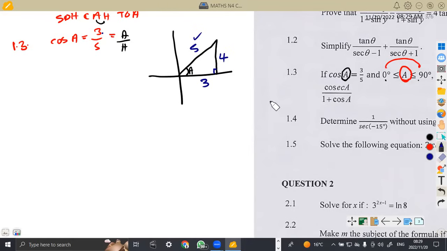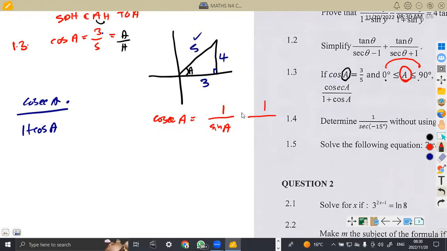Okay, so let's simplify. We have cosec of A over 1 plus cos of A. What is this cosec of A? We said cosec means 1 over sine. So we need 1 over sine of A. From SOHCAHTOA, sine is opposite over hypotenuse.